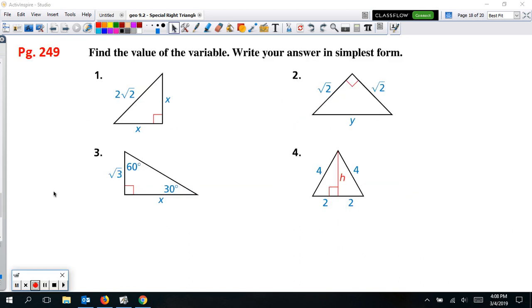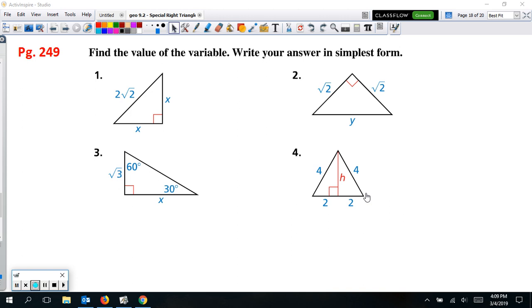Okay, before we end our lesson, let's do a little practice on page 249. If you go back to page 249 in your notes, right below the 45, 45, 90, let's do 1 and 2. You just want to find the value of the variable. Then right below the 30, 60, 90 theorem, do 3 and 4, and find the value of the variables on these ones.